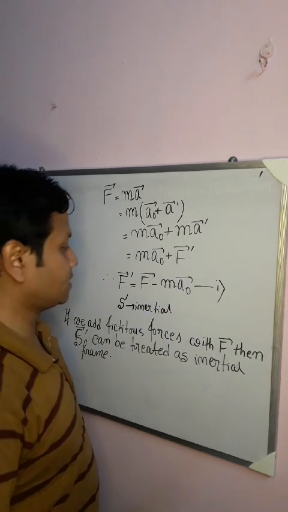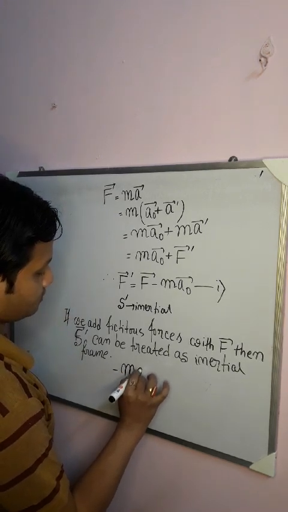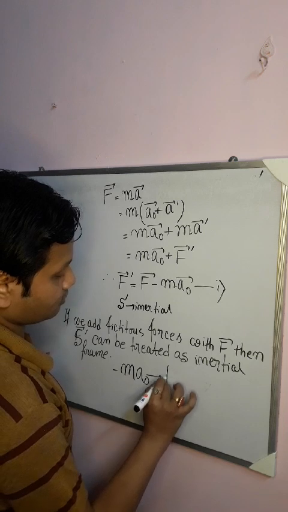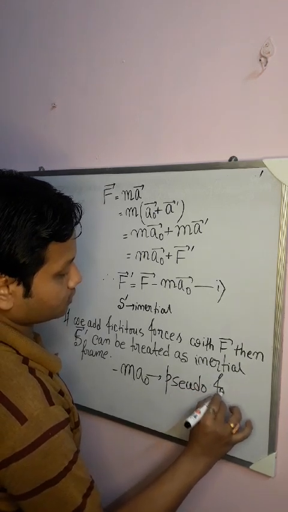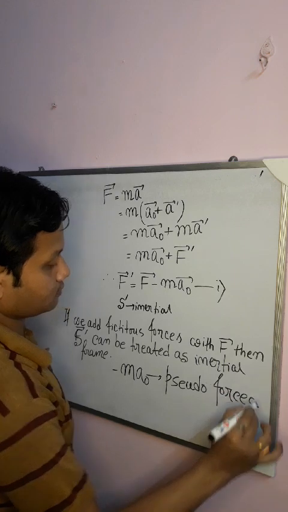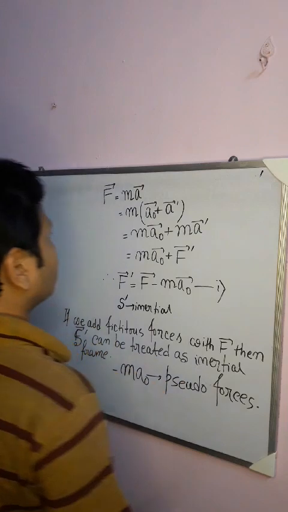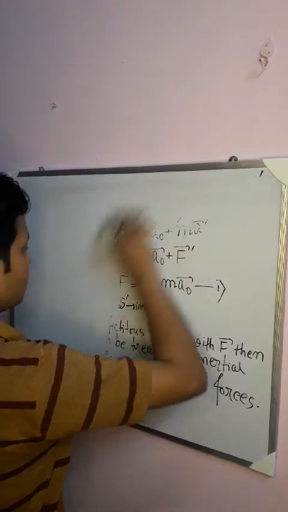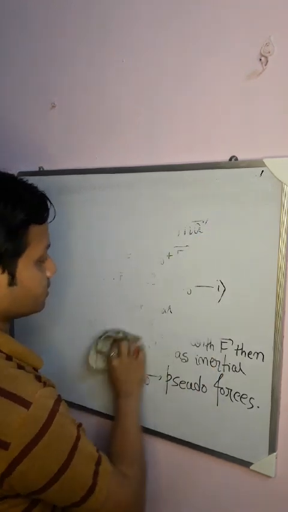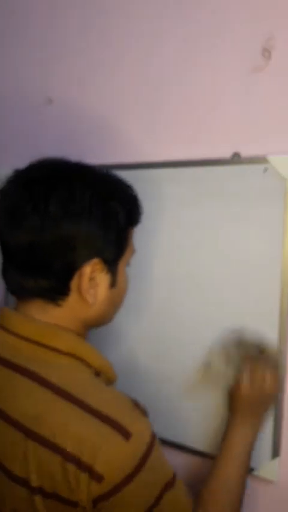So these fictitious type of forces are known as pseudo forces. Now you all know an example of such pseudo forces, that is the centrifugal force. This is a pseudo type of force.